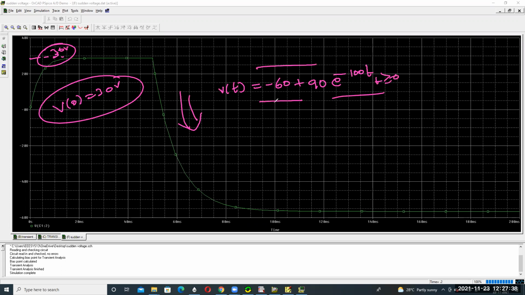That means this is the steady state condition.